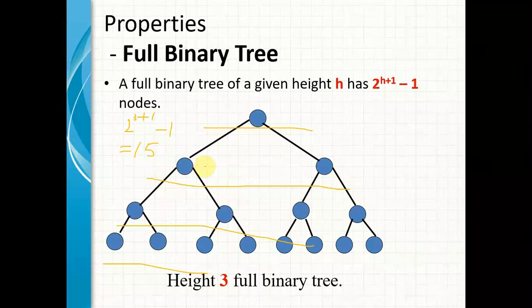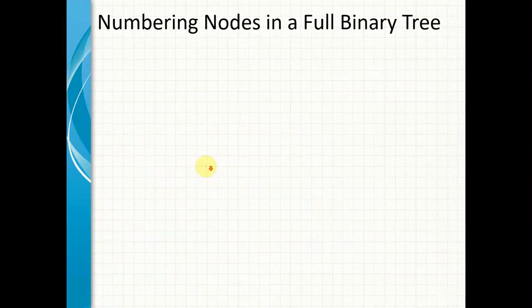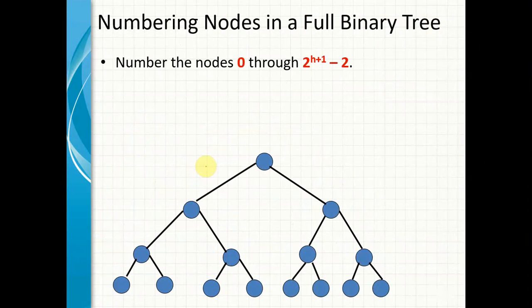So it is a full binary tree, and you can see that if you number the nodes, starting from the root as 0, it is 0, 1, 2, 3, and so on and so forth.